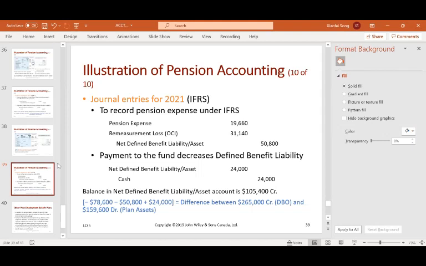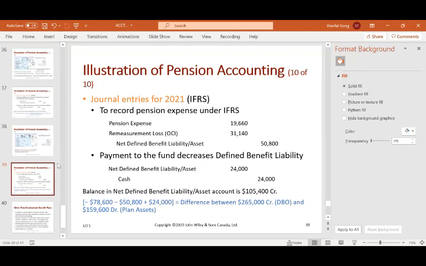The actuarial reassessment just gives you what the liability should be, because that's how they estimate future benefits, and you discount those benefits to present value. That's what the DBO is, right? So the actuarial revision gives you a new DBO. They don't tell you whether there's an actuarial gain or loss and what the math is.